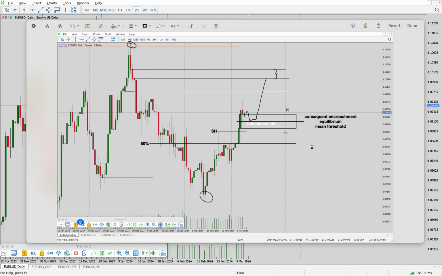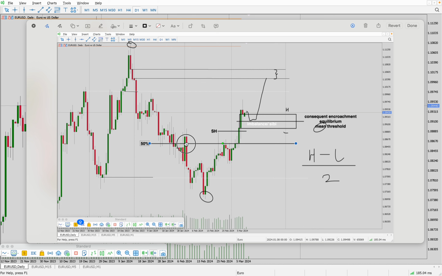When you take the high and you subtract the low and you divide that number by 2, mathematically, you get the average, the mean, which is usually halfway.